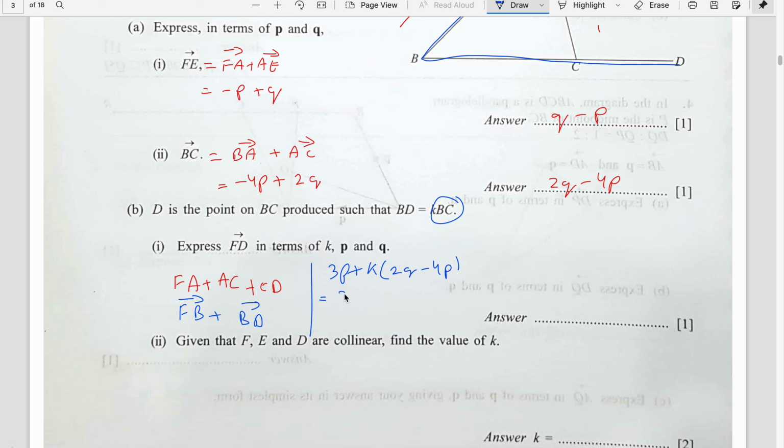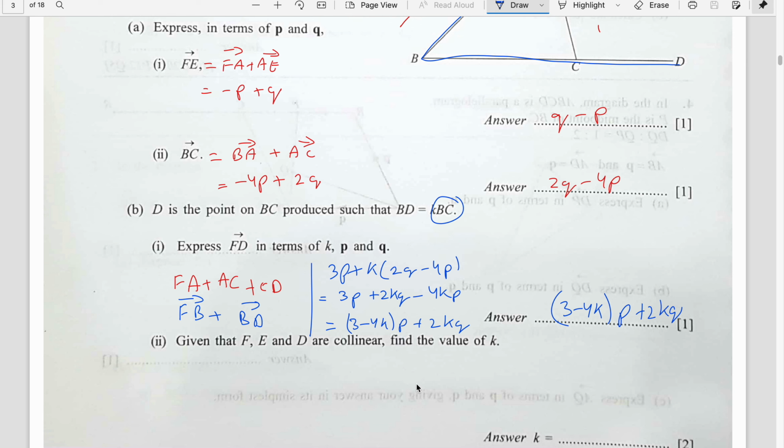So when you multiply and simplify, this becomes 2KQ minus 4KP. You just rearrange them. This is 3 minus 4K times P plus 2KQ.